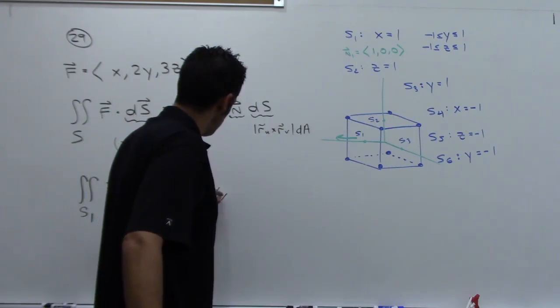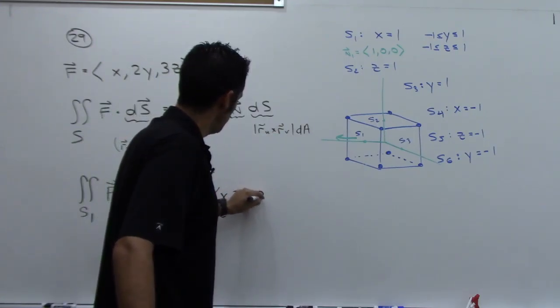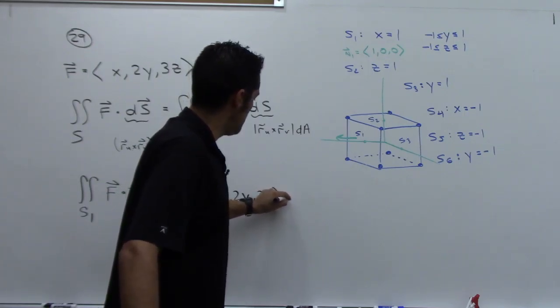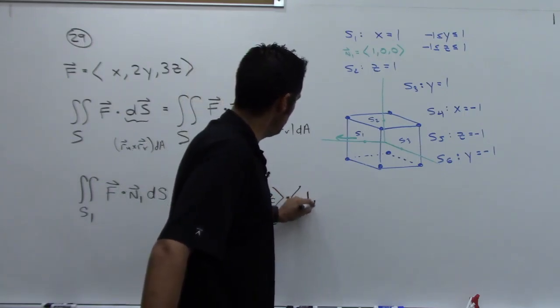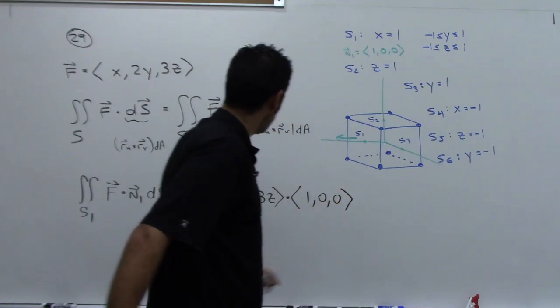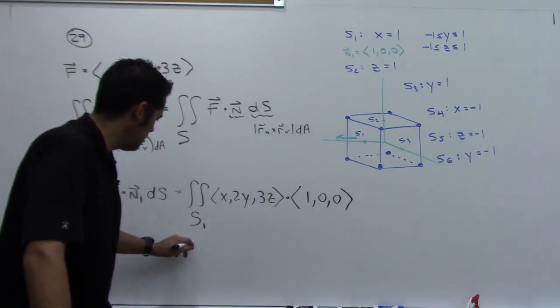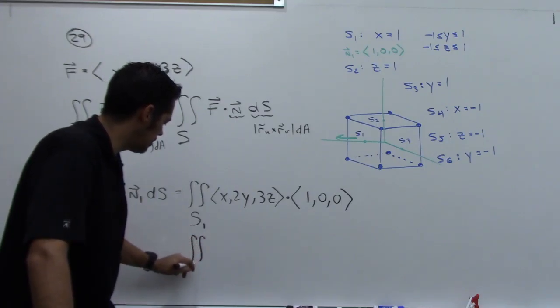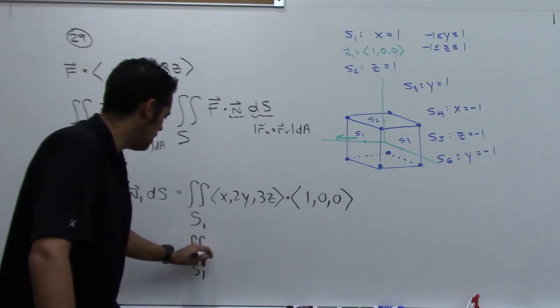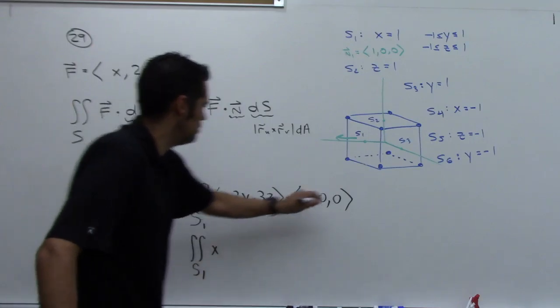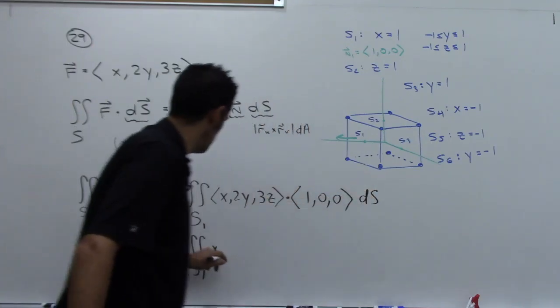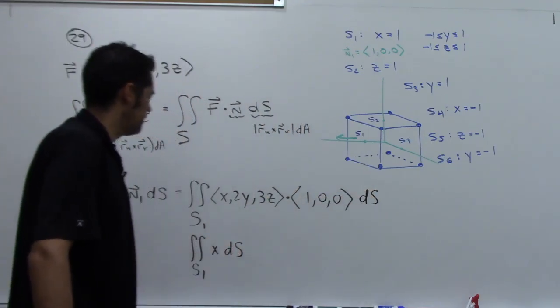So I'm taking (x, 2y, 3z) and I'm dotting it with (1, 0, 0), which just gives me x, on S1. So I've got the double integral over S1 of x dS.